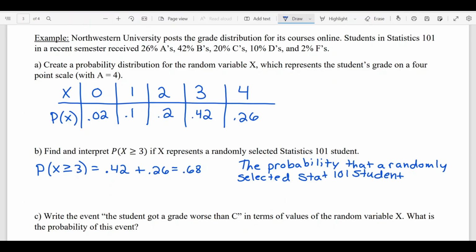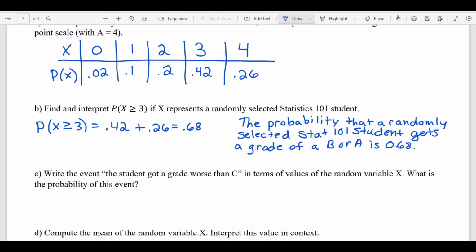A 3 meant that you got a B. A 4 meant that you got an A. So this interpretation means that the probability they get a grade of a B or A is 0.68. That's what that actual probability in symbols meant.